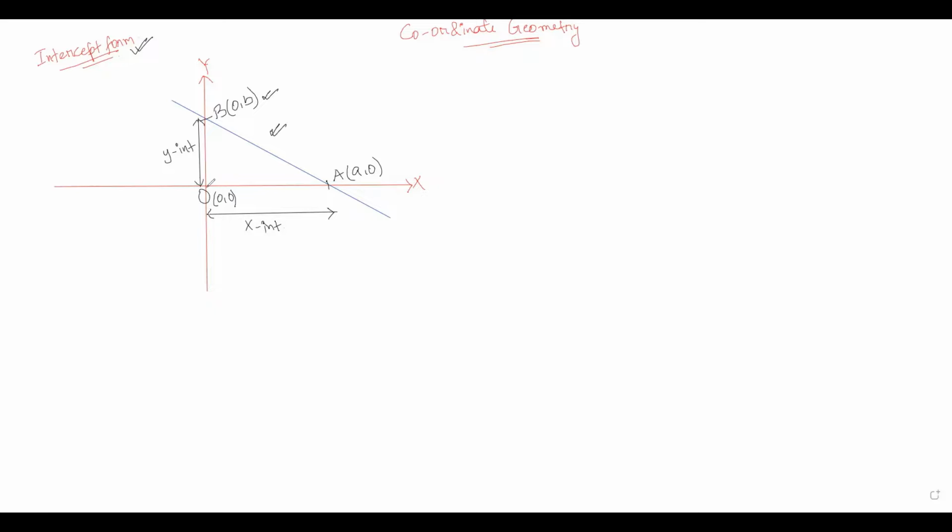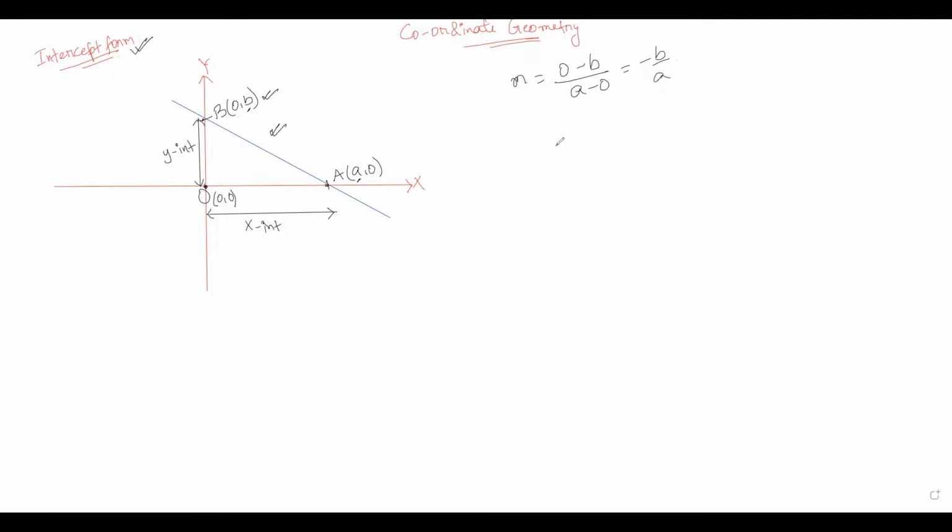So, the length OA would be the x-intercept of length a units, and the length OB would be the y-intercept of length b units. So the slope of this line would be simply 0 minus b upon a minus 0, which would be minus b by a.